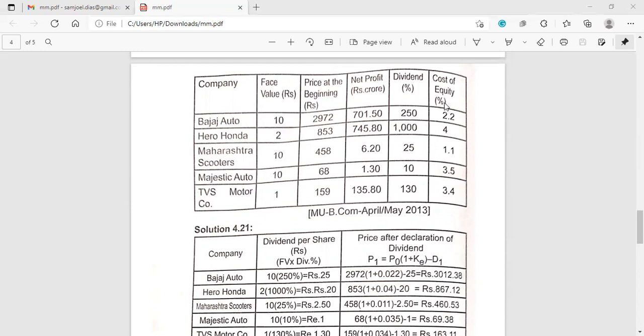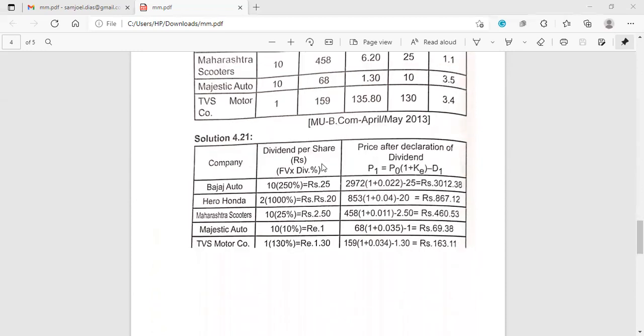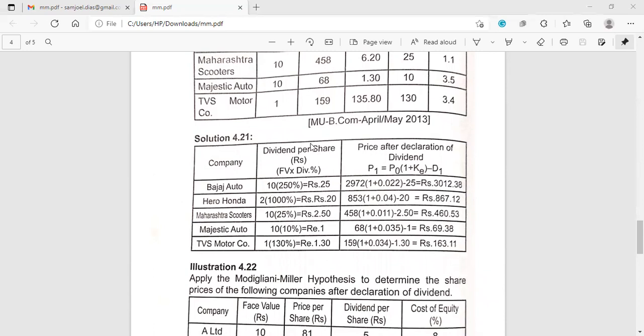KE means cost of equity, it is given here in the last column. D1 is dividend, given in percentages, so we have to calculate the per share dividend. KE known, D1 known, P0 is also known. That is the price at the beginning, not the face value. So this is P0. Now, first we have to calculate dividend per share.